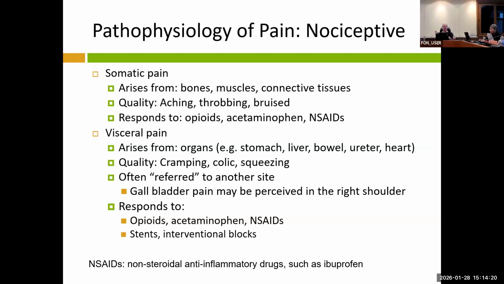So it might be happening in one place, but they feel it in another place. That's called referred pain. Okay, and an example that I have here is the gallbladder. Again, visceral pain is organs. The gallbladder pain may be perceived in the right shoulder.